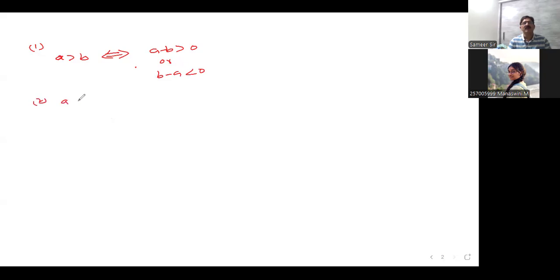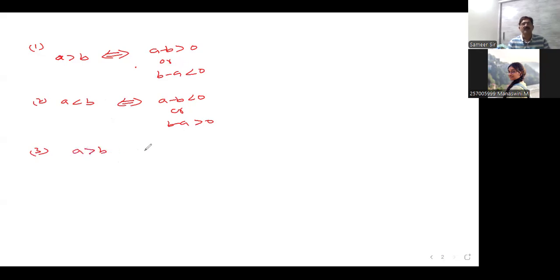So a is less than b if and only if a minus b is less than 0, or you can say that b minus a is greater than 0. Two points are there here. We are going to learn all those two points now.